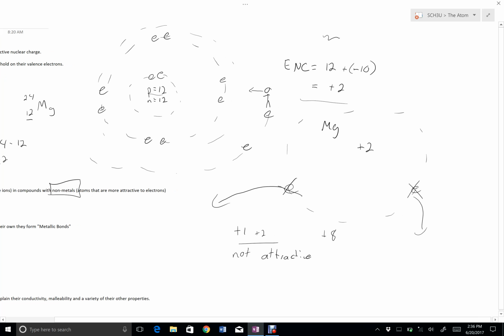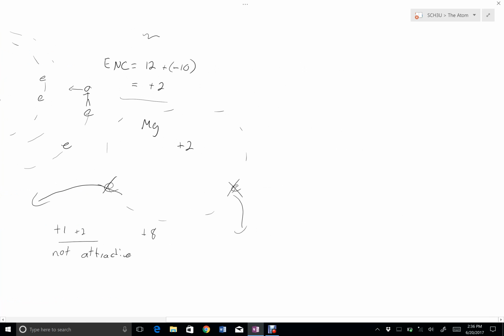When they're stolen away, what that's going to leave us with is 12 protons, 10 electrons, and an ion which has a charge of +2, as in 2 less electrons than it had protons.